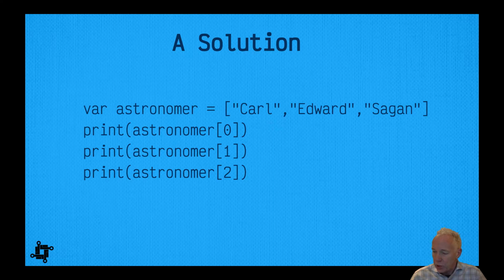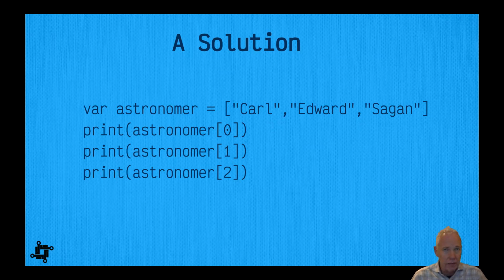So we have astronomer, and we've given it the first name, the middle name, and the last name in our list, if you will. And so we now have a single variable that has first, middle, and last name. And then if we want to print each one of those out separately, we then have astronomer 0, astronomer 1, and astronomer 2 for our prints.